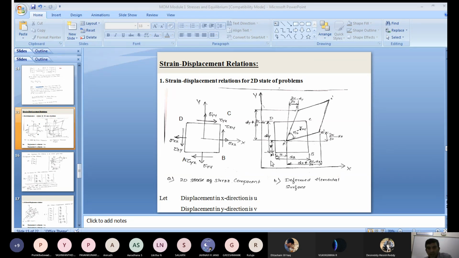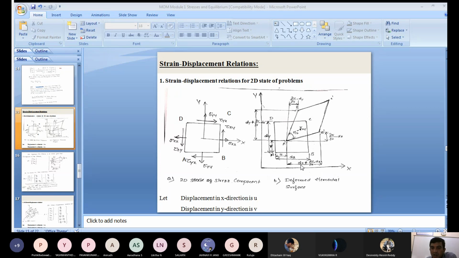Okay. Now from A to B, in the original element, the length is dx. Once it is subjected to a general stress system, see A dash, B dash. What is the final length of A dash B dash? Initial length is dx plus incremental length. How much is this incremental length?